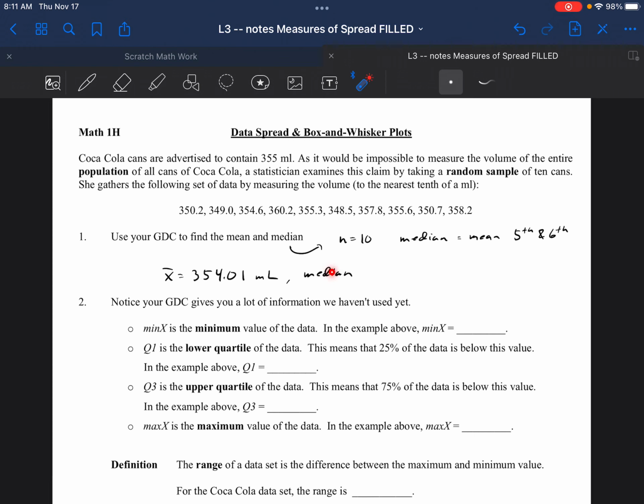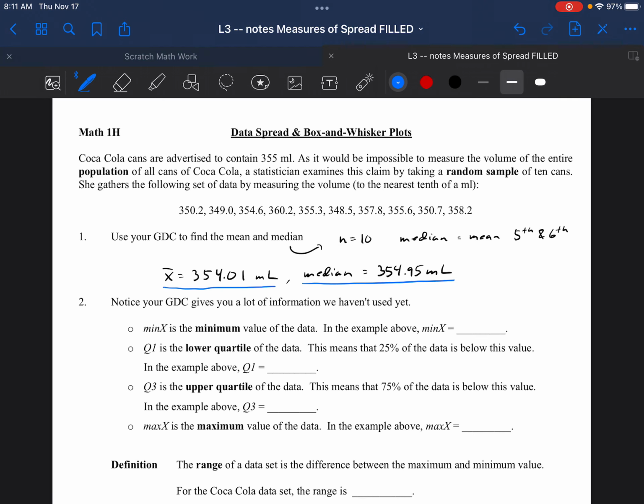It'll literally write out the word median, usually X if that's the variable that we're using, and that should be 354.95. So we're going to 2 decimal places with both of these. Okay. So those are the 2 measures of center for this data.